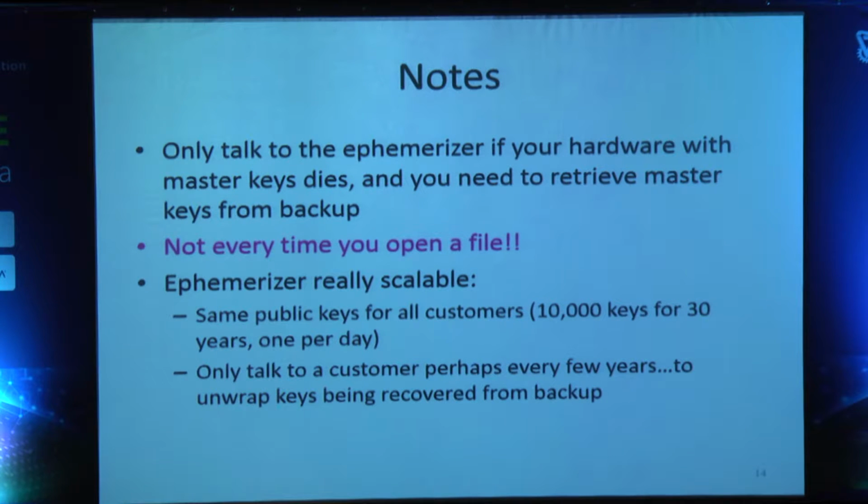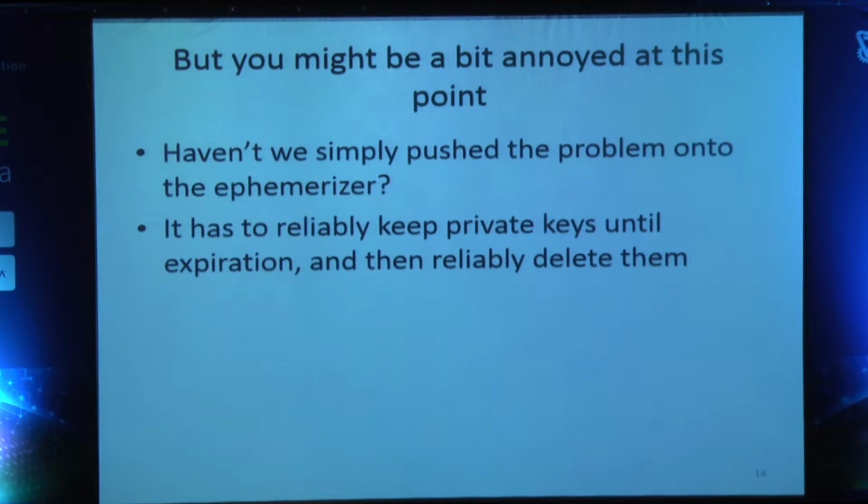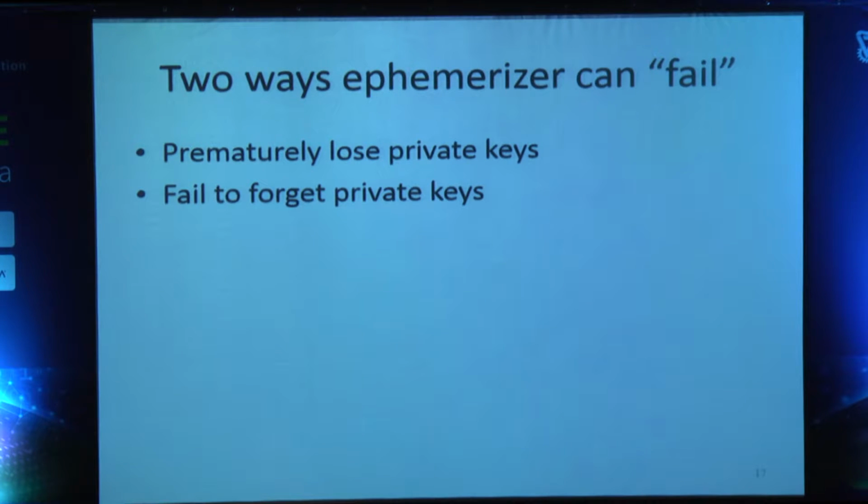But if you think for about another 30 seconds, you're going to be annoyed at me, because all I've done is push the problem onto the ephemerizer. The ephemerizer has to reliably remember private keys and then reliably make sure that the private key is absolutely gone once it's expired. So it seems like all I've done is just move the problem one other place. But there are two ways that an ephemerizer can fail.